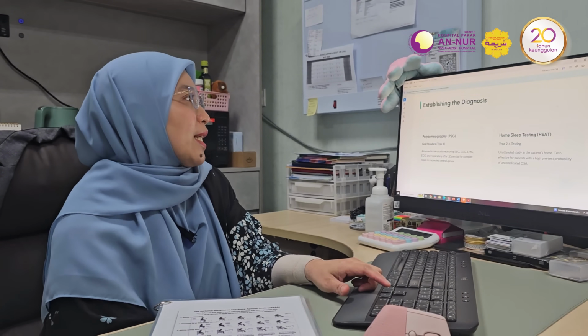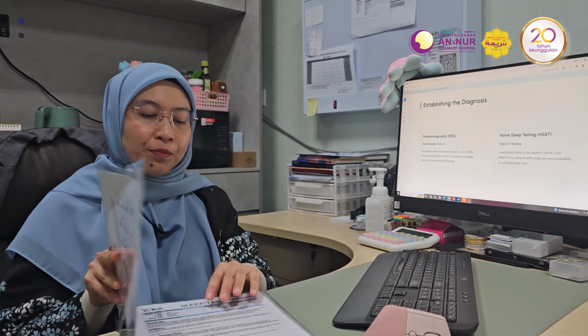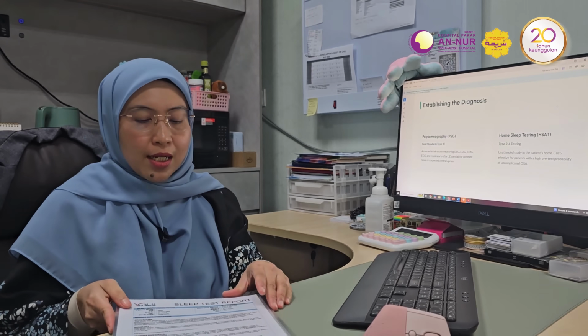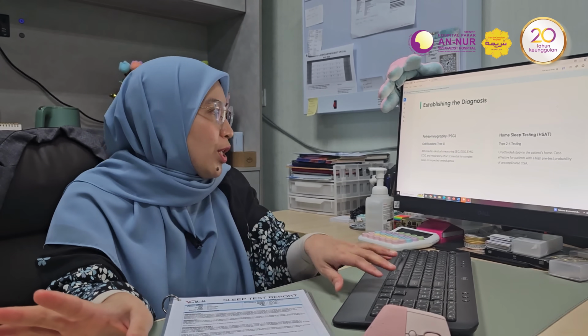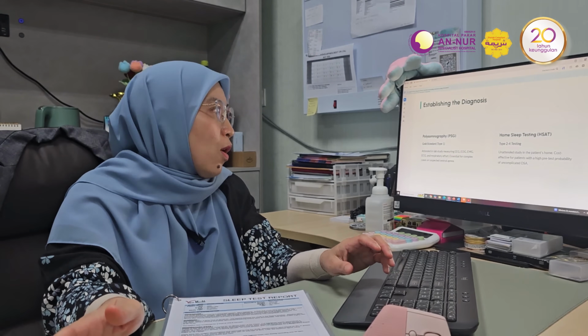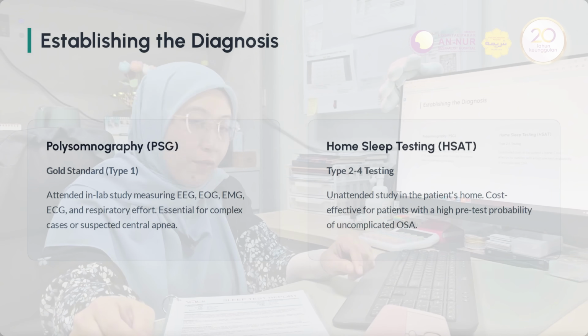So how do we establish the diagnosis? We need to do a sleep study to diagnose patients with sleep apnea. There are two types of sleep study. Type 1 is done in the hospital setting, where we measure EEG, EOG, EMG, ECG, and also respiratory effort.